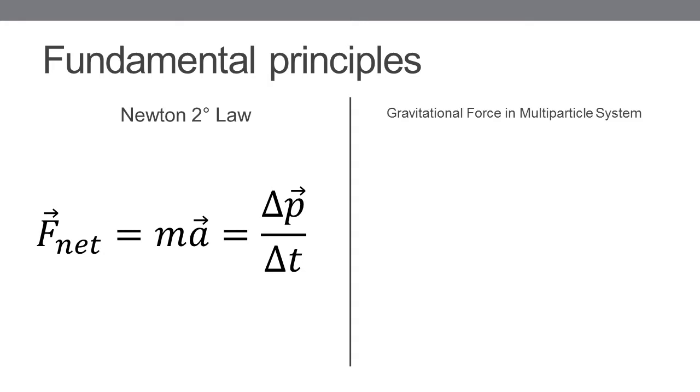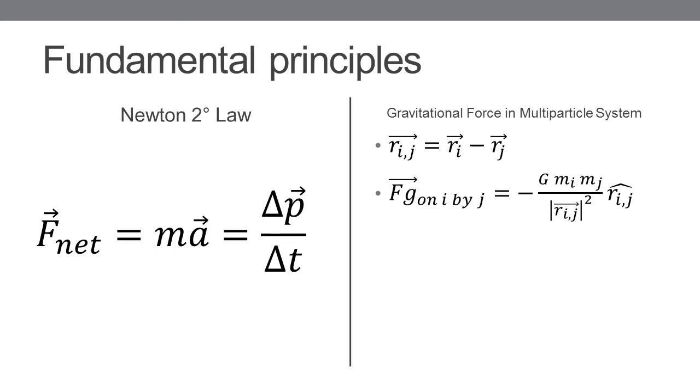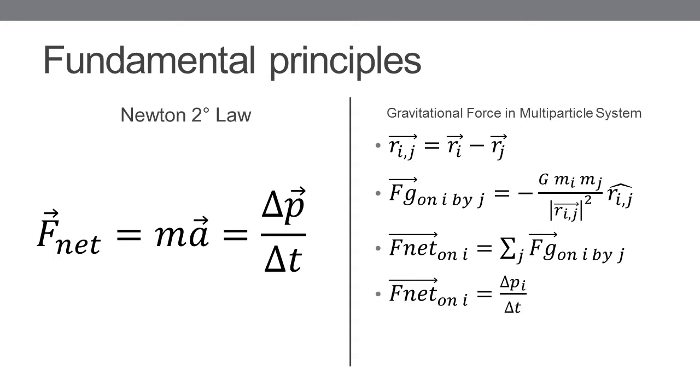And on the other hand, the gravitational force in a multiparticle system, where the gravitational force on I by J is equal to this equation, and the net force on I is equal to the sum of all the J forces acting on I, and the net force on I is equal to the rate of change of momentum of I.